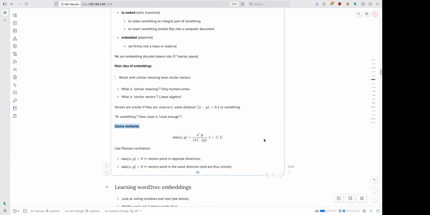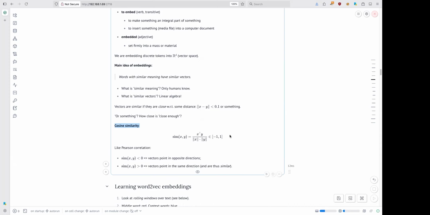And so now we can quantify similarity. If the cosine similarity between two vectors is positive, we say they are similar. If it is negative, then they are antonyms, basically. If it's exactly 0, they are orthogonal, they have no relation to each other.